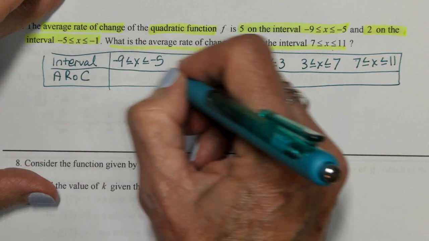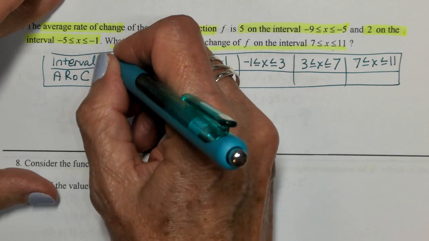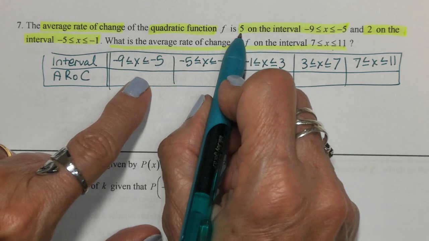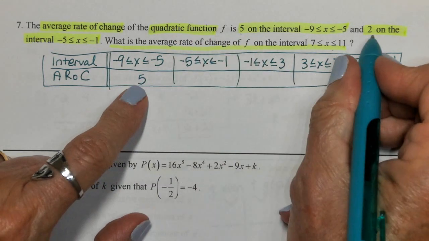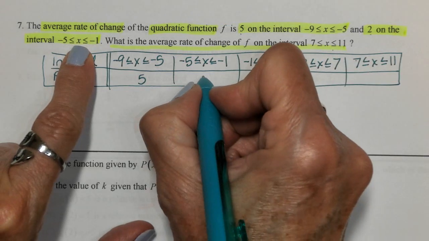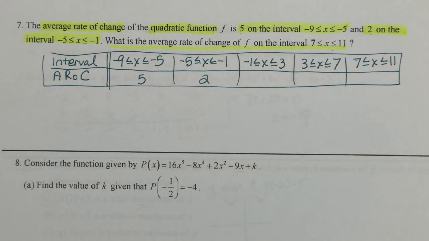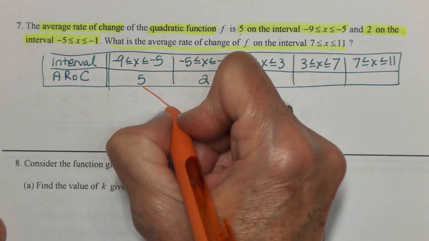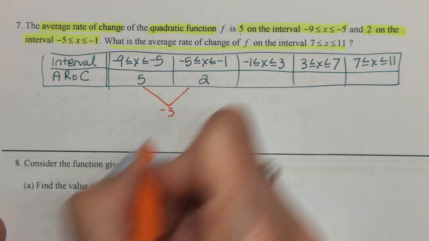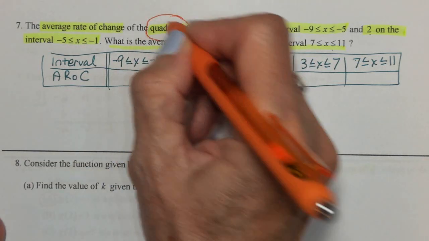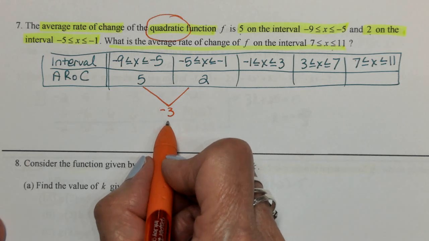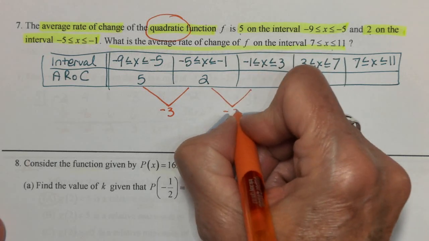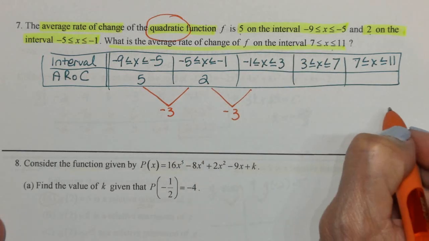I'll make myself a little table, organize our thoughts. They gave us that this average rate of change was 5, and this average rate of change was 2. So what is the first difference? The first difference is -3, and we're quadratic, so that -3 must be true for every equally spaced interval. So we must go down 3 to get to the next average rate of change.